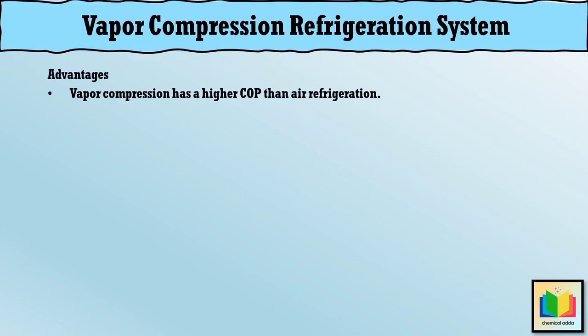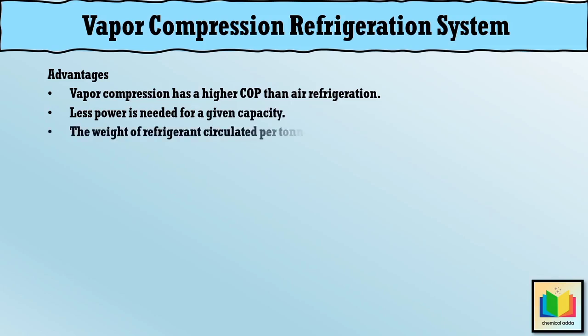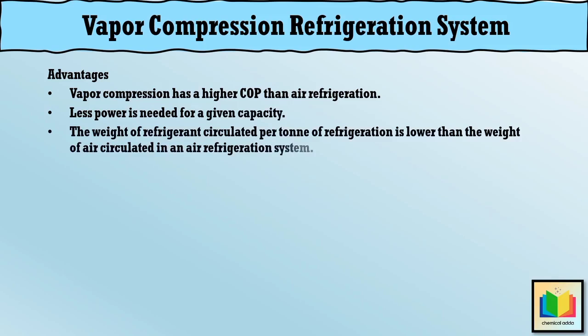Then the next advantage is less power is needed for a given capacity. So, if we compare the vapor compression cycle with the air refrigeration system, less power is required for the same amount of capacity. Then the next advantage is the weight of refrigerant circulated per ton of refrigeration is lower than the weight of air circulated in an air refrigeration system.